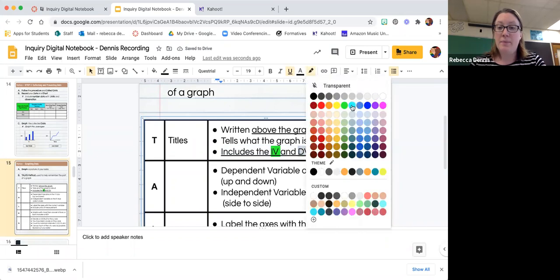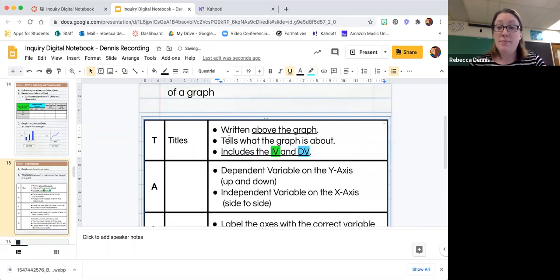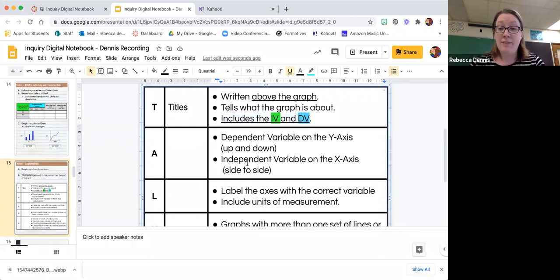I'm going to put that in blue. Okay, so it could be amount of water versus height of the plant, or how water affects how tall the plant grows. But what we're going to do is we're always going to have the independent and the dependent variable in there, so that way we know what the graph is about.